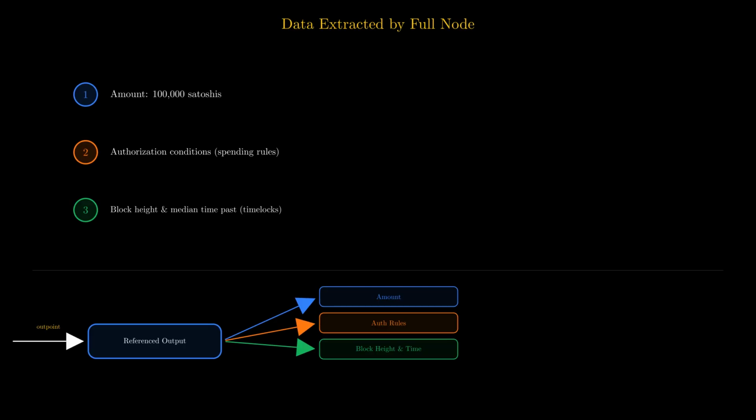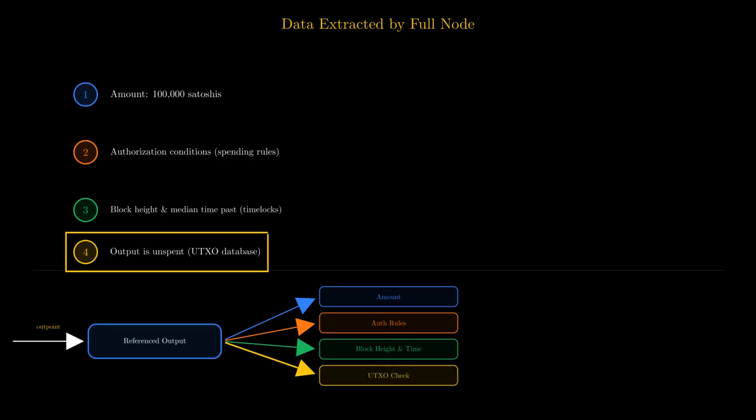The node needs these values for time lock checks, rules that can prevent spending before a certain time or block height. Fourth, and most important, the node checks whether this output still exists in the UTXO database. UTXO stands for Unspent Transaction Output, the set of all outputs that haven't been spent yet. If the output has already been spent, it won't be in the database and the node rejects the transaction.